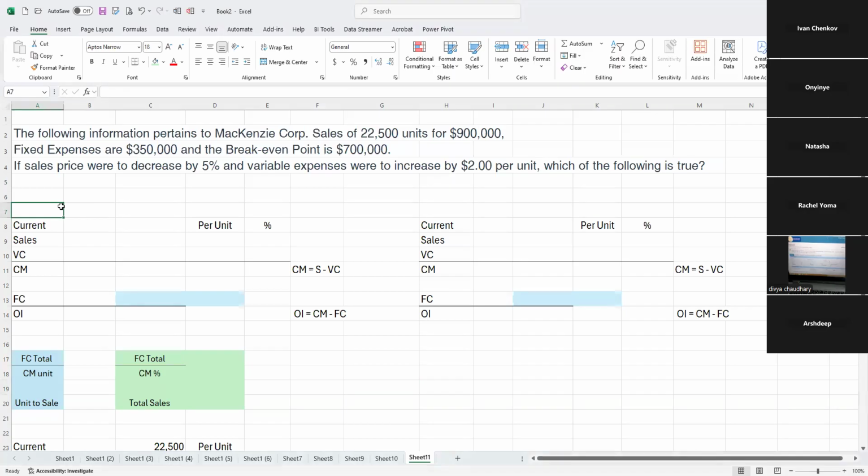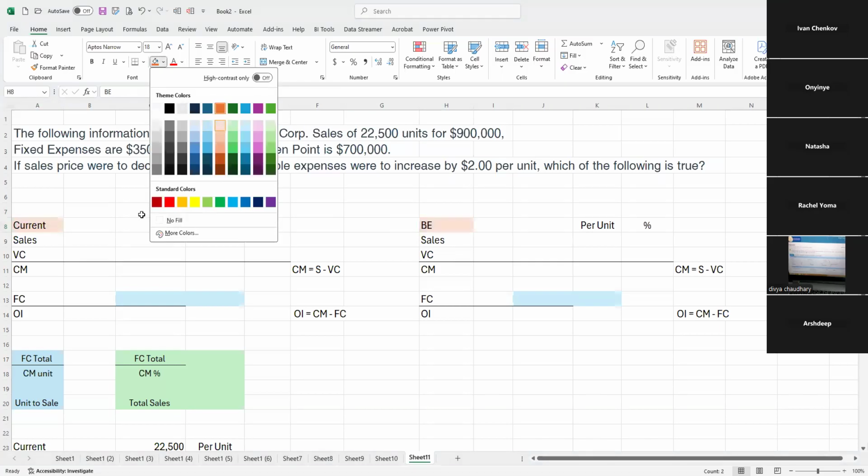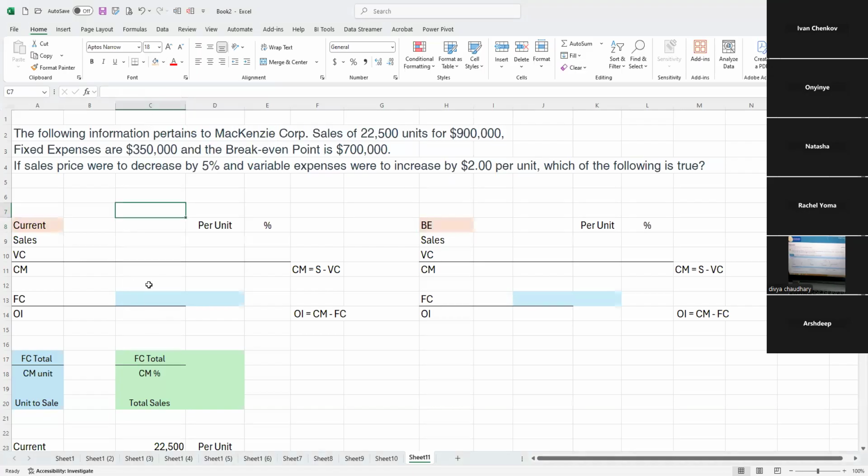Fixed expenses are 350, and the break-even point is 700,000. So we need the current and the break-even. That's the current situation, that's the break-even situation. Those are the two scenarios we have to deal with.